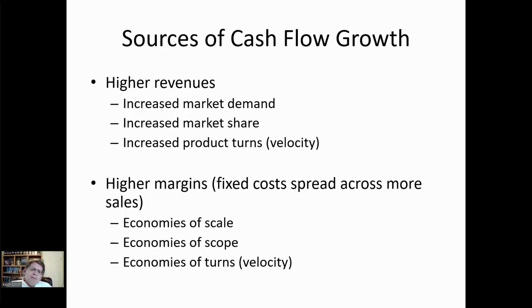The second piece we're talking about here is higher margins. So you get the turns, and then you get the higher margins, and in combination you get economies of scale and scope. If you're turning things quicker with a fixed cost infrastructure, you're spreading that infrastructure across a larger number of sales, so you're getting economies of scope.